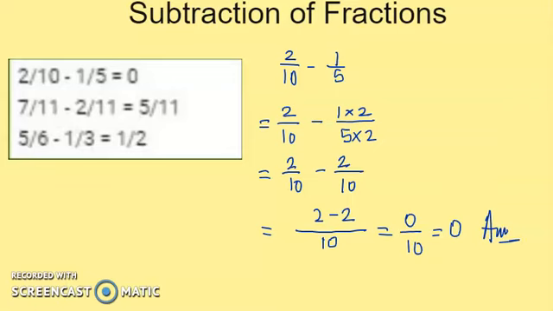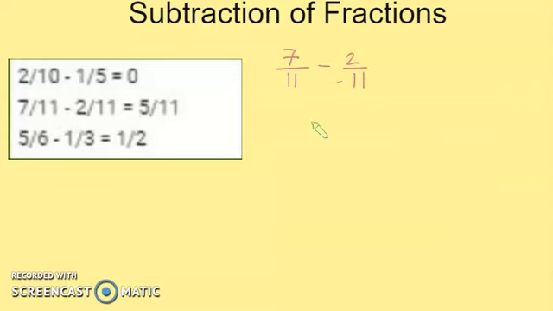Now moving to the second question. As you can see, the second question is 7 by 11 minus 2 by 11. Now here, as you can notice, the denominators in both the fractions are the same, so we don't need to equalize them as they are equal already.